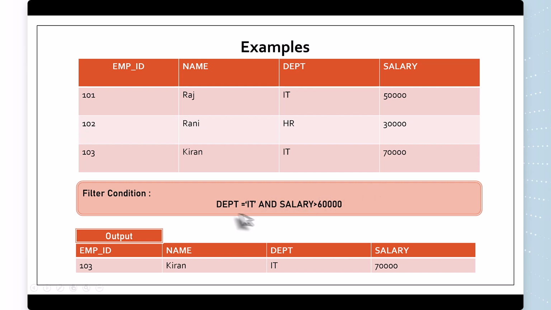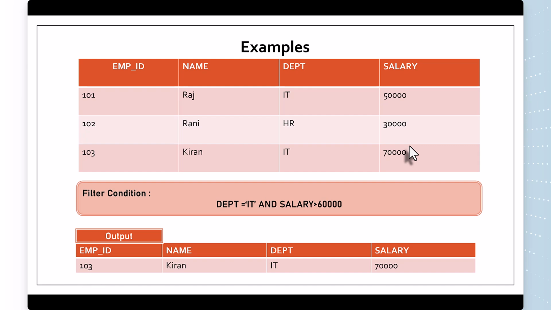Only the department IT with salary greater than 60,000 satisfies the condition. Only one particular employee has a salary greater than 60,000, so only this record goes into the target.